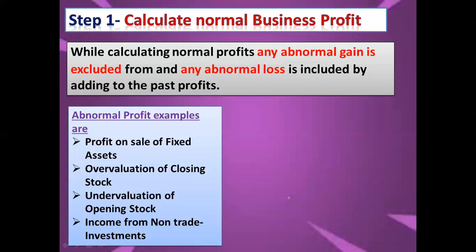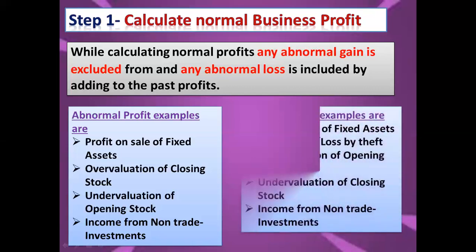Any such kind of profit is termed as abnormal gain. So if in any past year you have included such kind of income in your profit, then you have to exclude it. So first you have to deduct these items if in any of the previous years it is given. Similarly, we have abnormal losses.